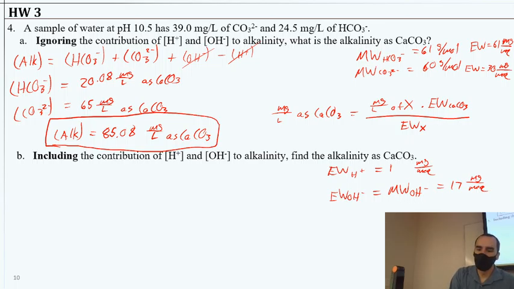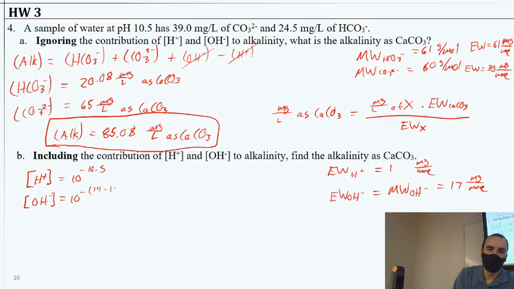And then when we convert from our concentrations, we know that the H plus is 10 to the minus 10.5, OH minus is going to be 10 to the minus, and what we can do if we want to is say 14 minus 10.5, so that's 10 to the minus 3.5.